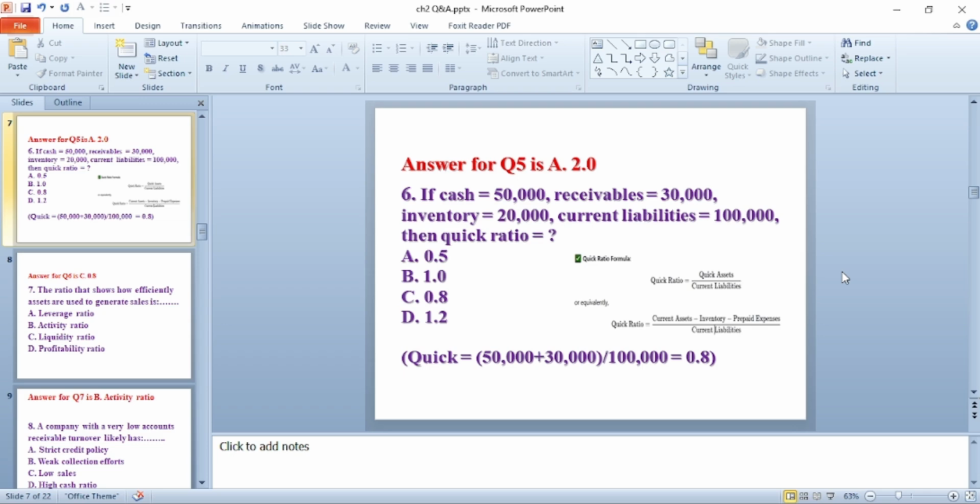Here quick asset is cash and receivable. When we add these, it is 80,000 divided by current liability, which is 100,000, so the result is 0.8. C. The answer is C.